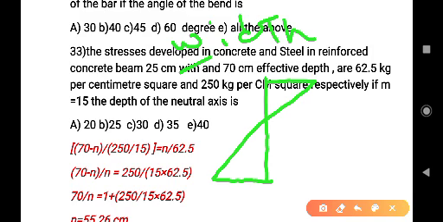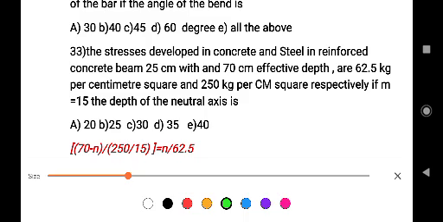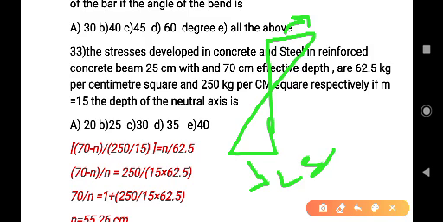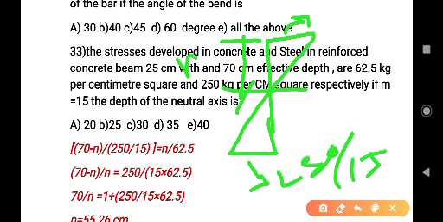If we draw the stress diagram, this value is 62.5 and this value is 250 by 15, and this is the neutral axis n, and total depth given is 70, so this is 70 minus n.